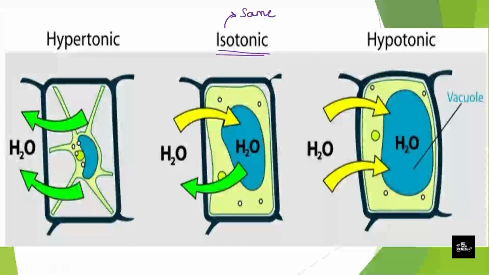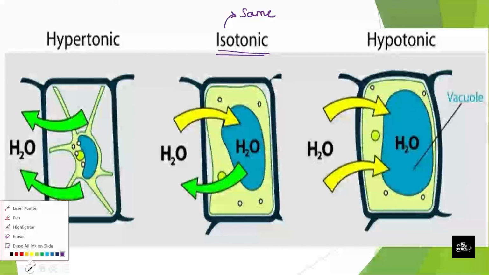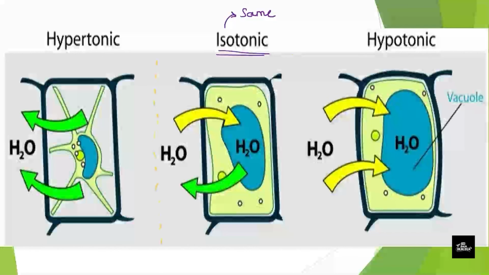Whenever you are studying tonicity, you have to remember that here the surrounding of a cell matters a lot. So we will be considering the concentration of the cell surrounding in a very high amount. Let me just border the surrounding of the cell, and we are just going to consider this area for understanding what isotonic means.